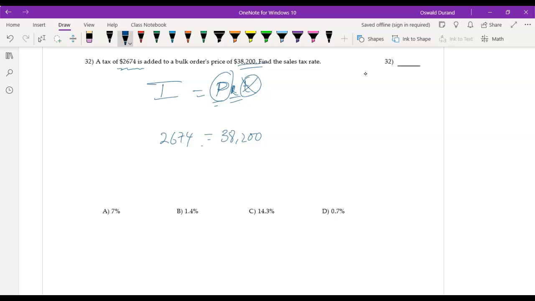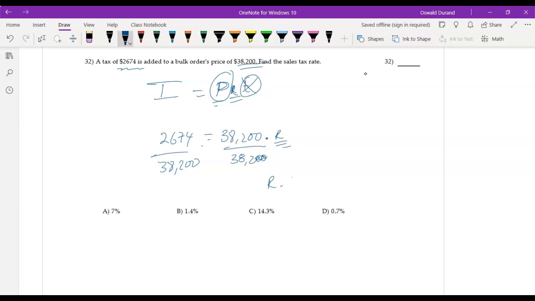All I have to do is find my rate, so I have to divide by 38,200. 2674 divided by 38,200 is equal to 0.07.